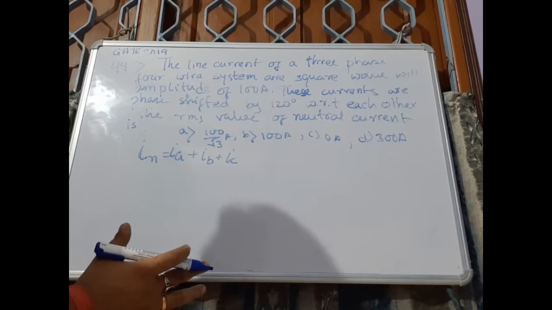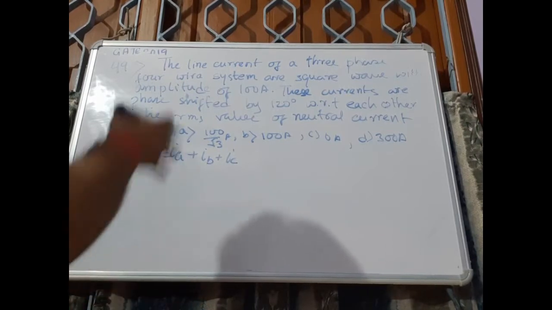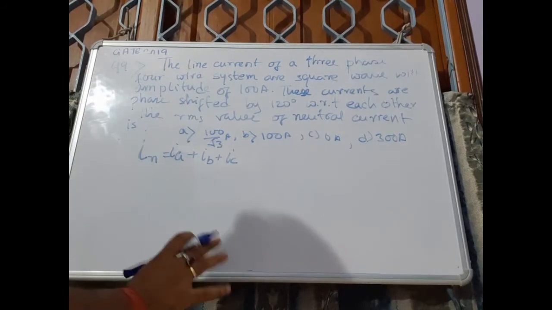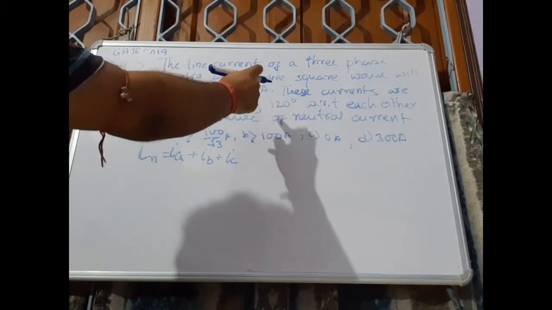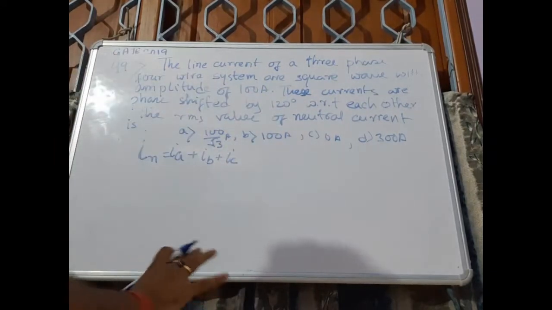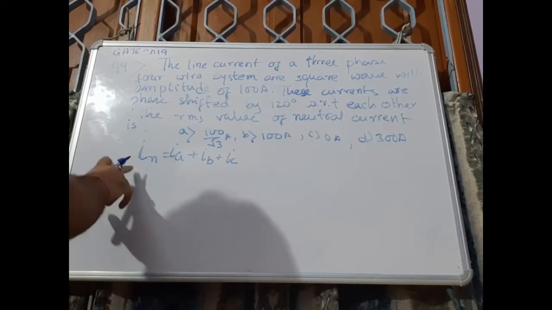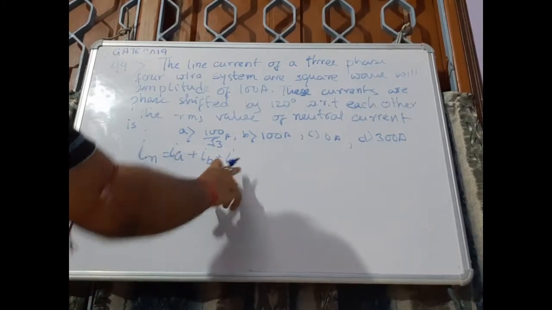Here also somewhere it is written as balanced. If not, this can be considered balanced because magnitudes are the same and the phase angles between the phasors are 120 degrees. So this is balanced, and IN equals IA plus IB plus IC.